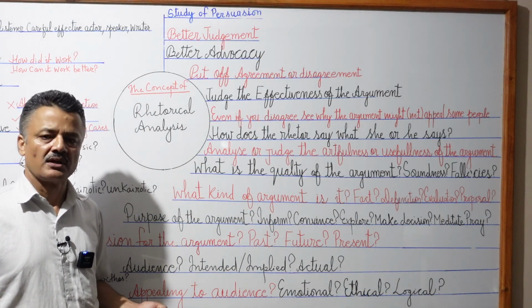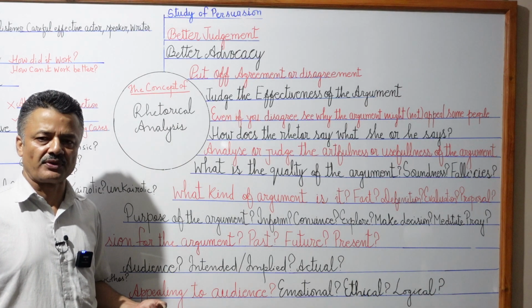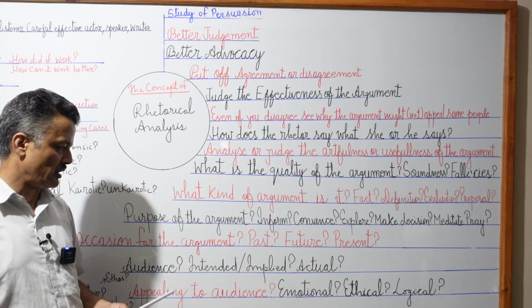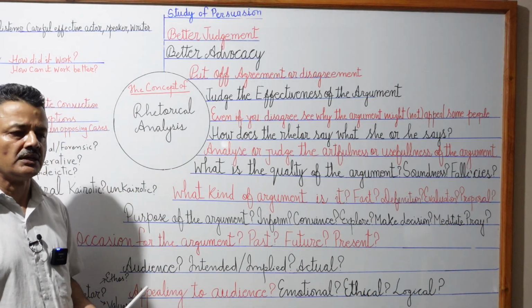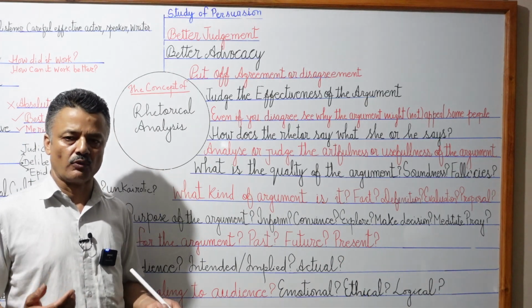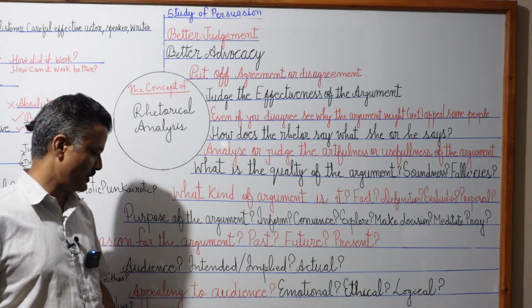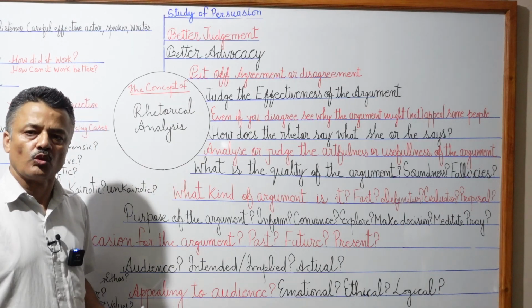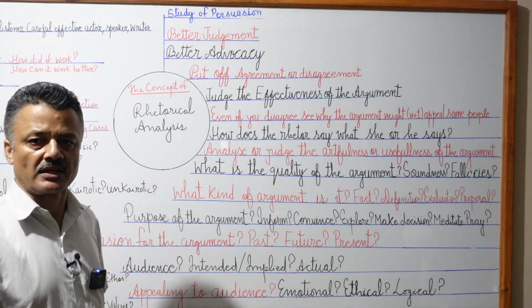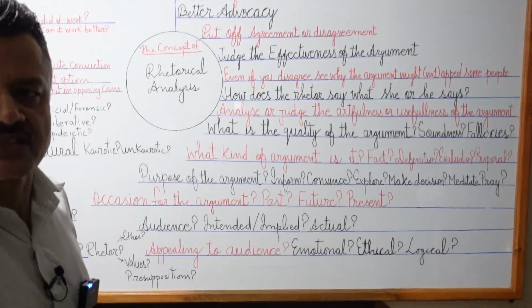Is the essay for scientists? Is the essay for farmers? Who is the intended audience or implied audience of the argument, and who is the actual audience with flesh and bone reading the argument?